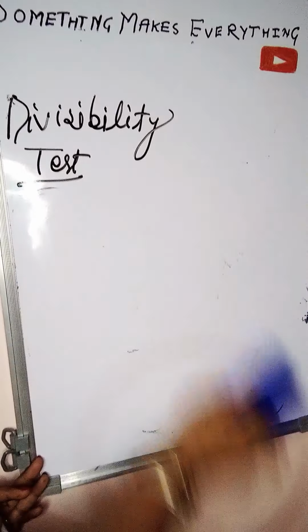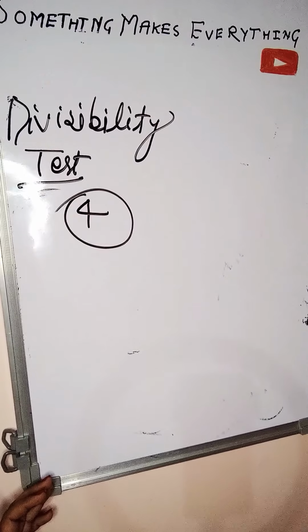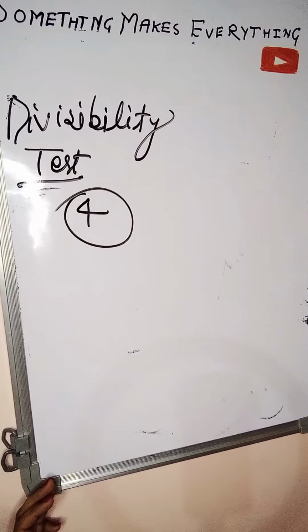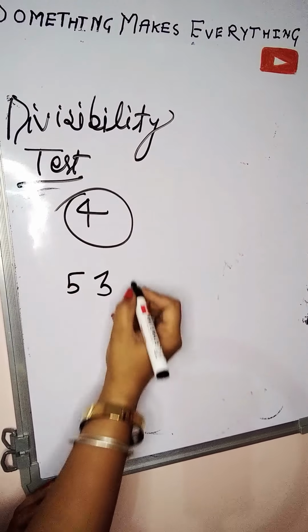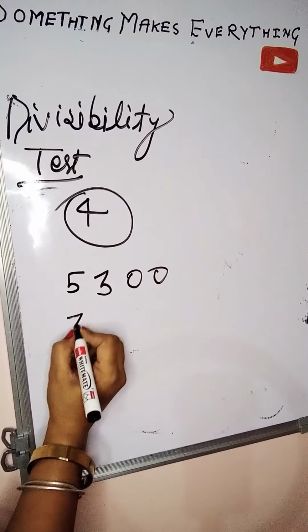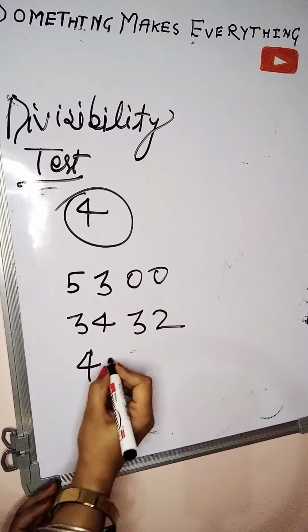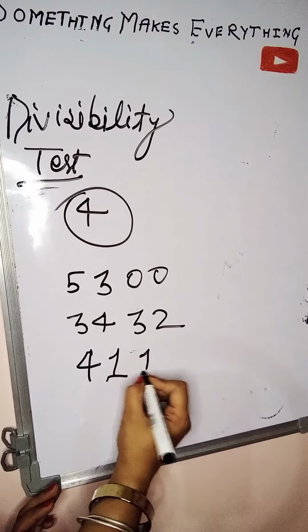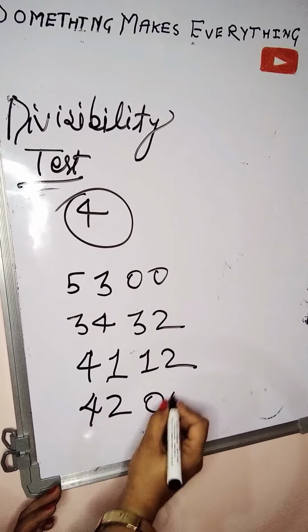Now I have the number 4. So the divisibility test for number 4 will be like, we'll just take the last two digits of a given number. Suppose I have 5303, 4324, 11242, 0.